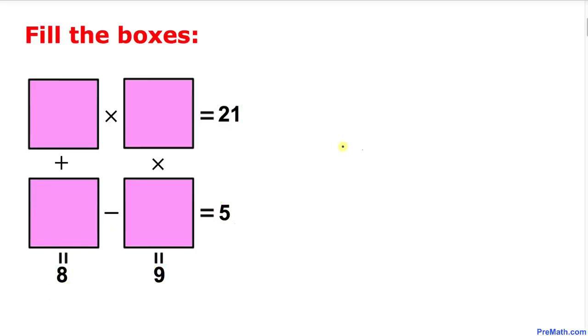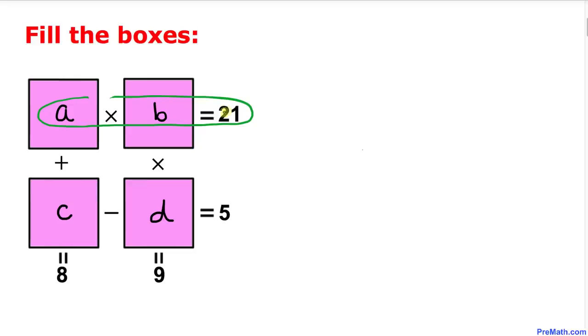So let's go ahead and get started with the solution. Here's the very first step: let's label these boxes. I'm going to call this box A, this box B, this box C, and this box D. Now let's multiply these boxes horizontally.